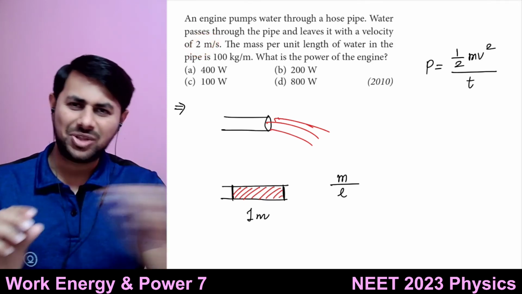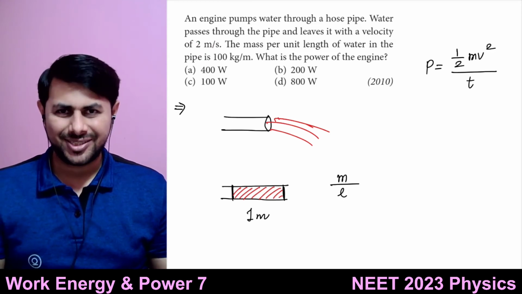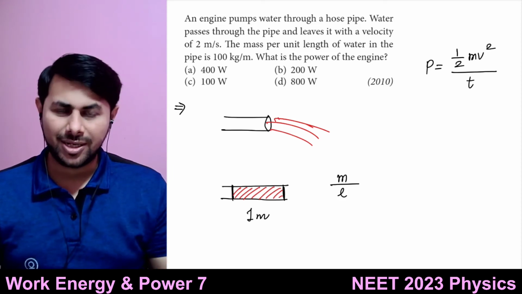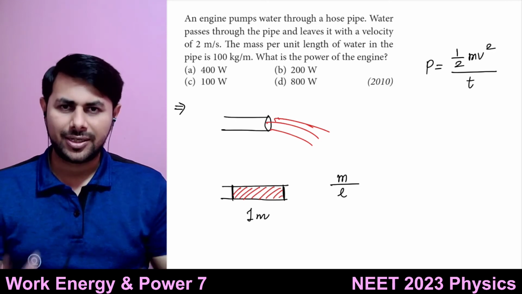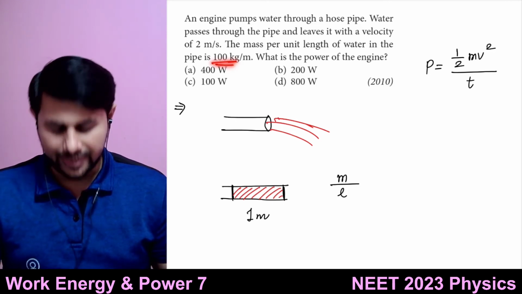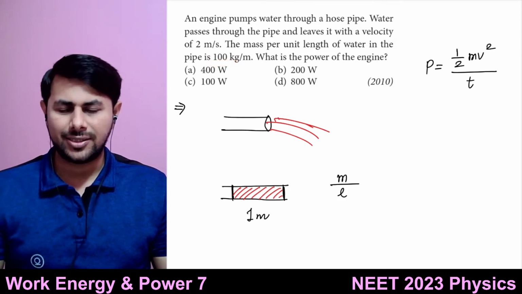So how much length of the water is coming out per second? 2 meters, right? 2 meters is coming out. So how much mass is coming out? 1 meter contains 100 kg. So 2 meters will contain how much mass? 200 kgs.